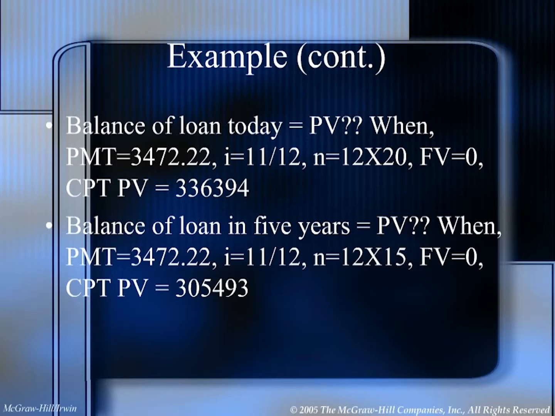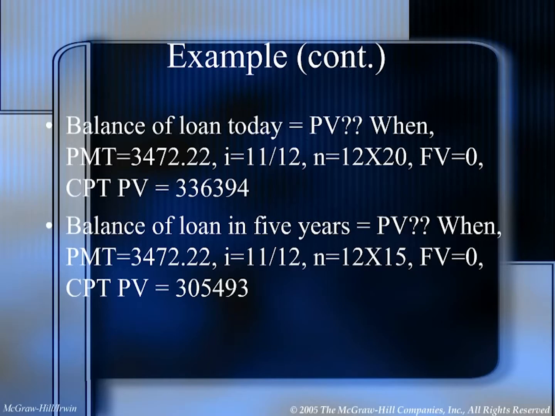The interest rate, the required return, is 11%, so 11 divided by 12 because we're doing monthly, for 20 years, so 12 times 20 is your N, and the future value is 0, and you compute the present value. And you see that the present value of that loan right now at the beginning of this transaction will be $336,394.